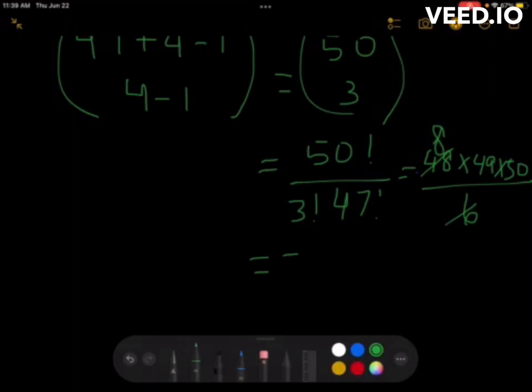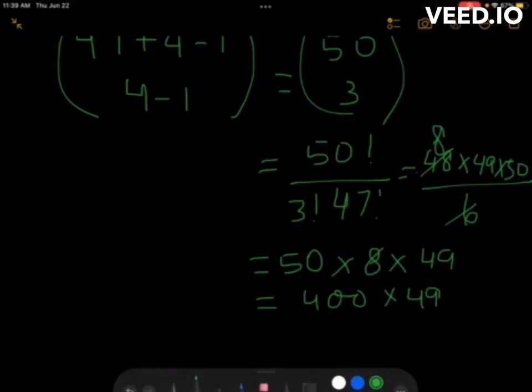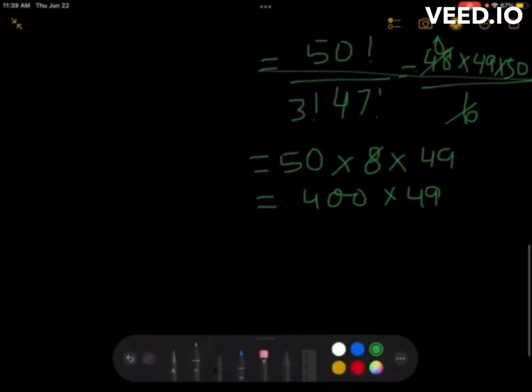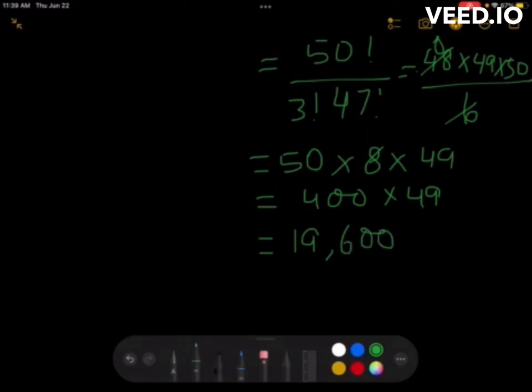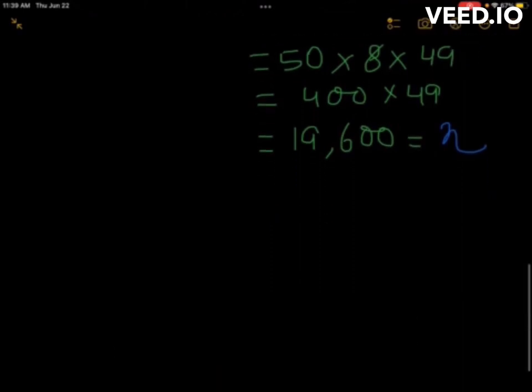So this whole thing becomes 50 times 8 times 49, which is 400 times 49, and that's equal to 19,600. And this is equal to our n. But remember, we want n over 100.